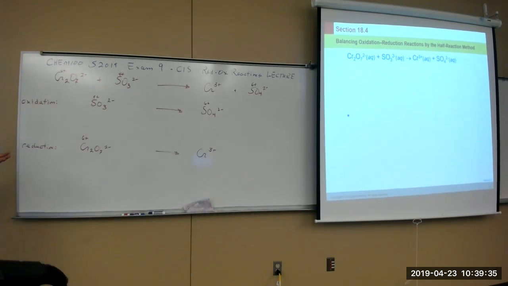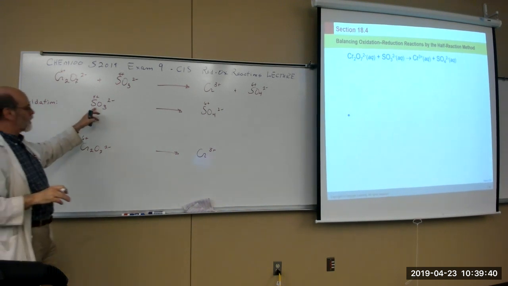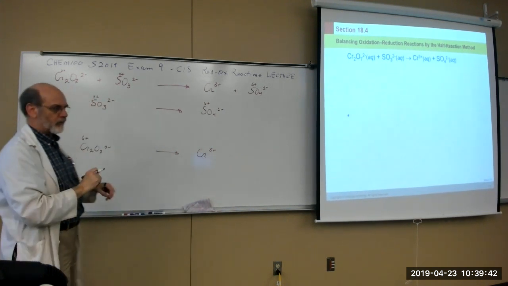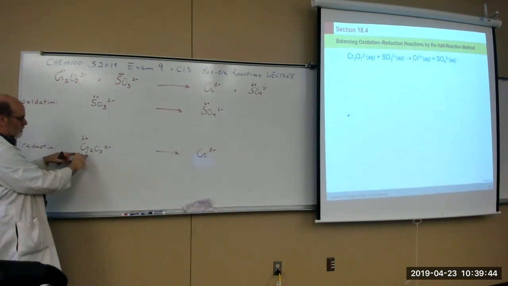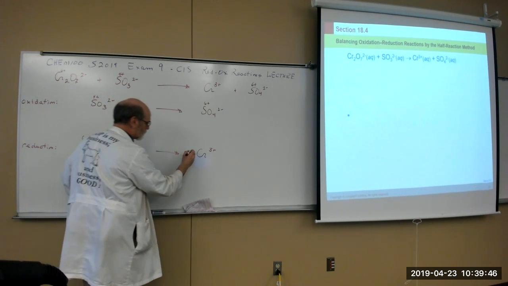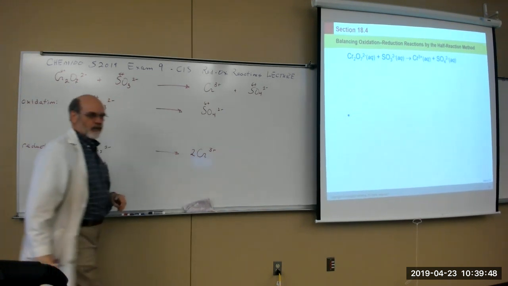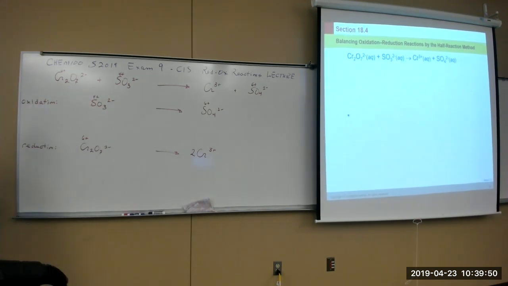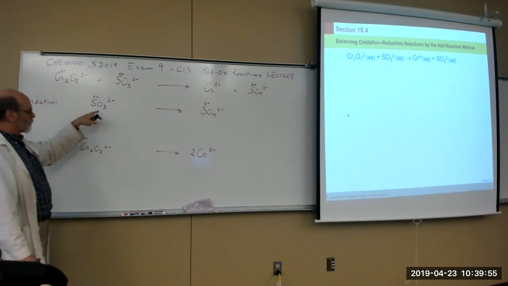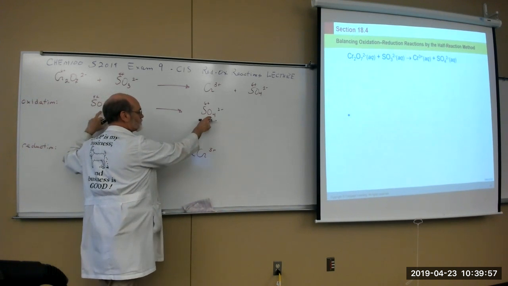Next step, balance everything that's not hydrogen and oxygen. 1 sulfur, that's good. 2 chromium, 1 chromium. So we need 2 chromiums there. Next thing, oxygens. We've got 3 oxygen here, 4 oxygens there.